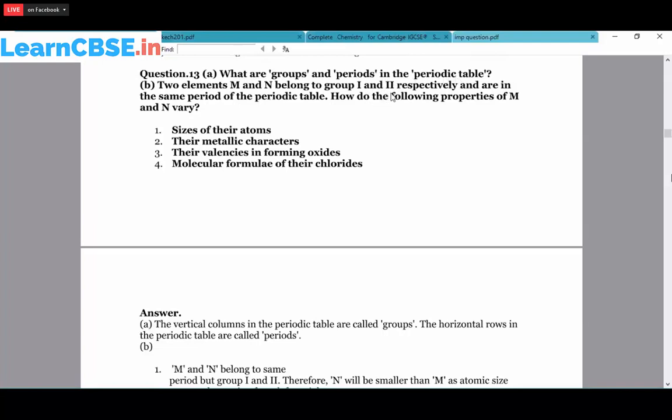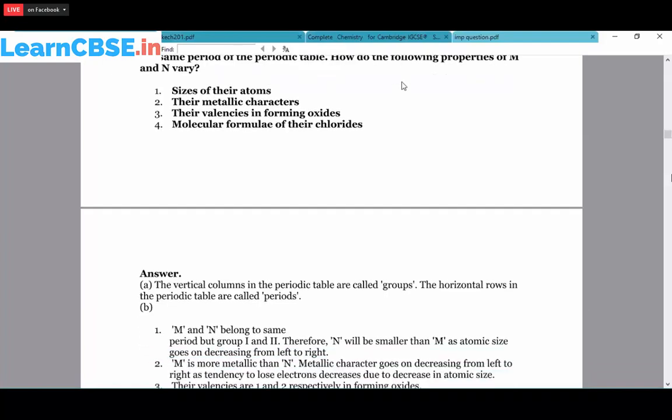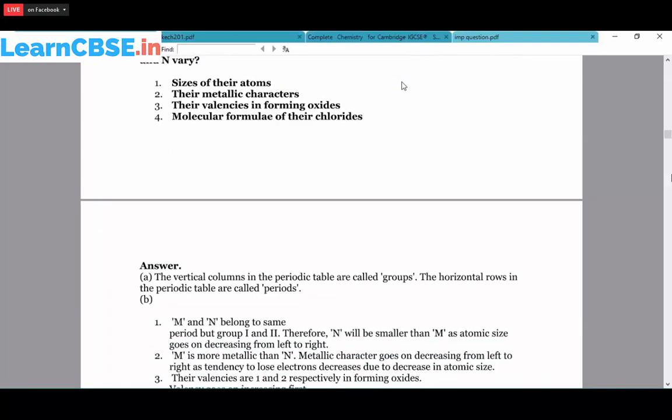Size of the atom: M and N belong to the same period, but the groups are different. N will be smaller compared to M because the atomic size goes on decreasing when you move from left to right in the periodic table.